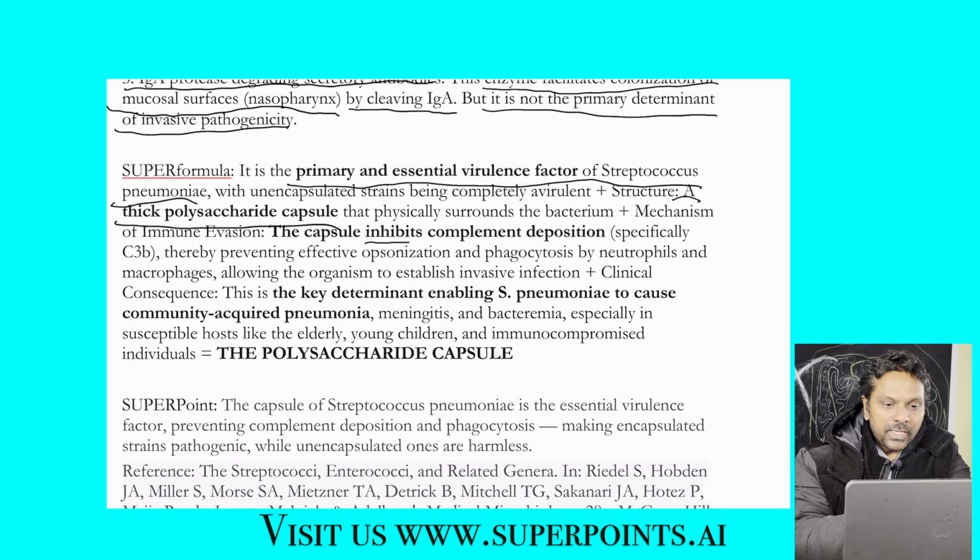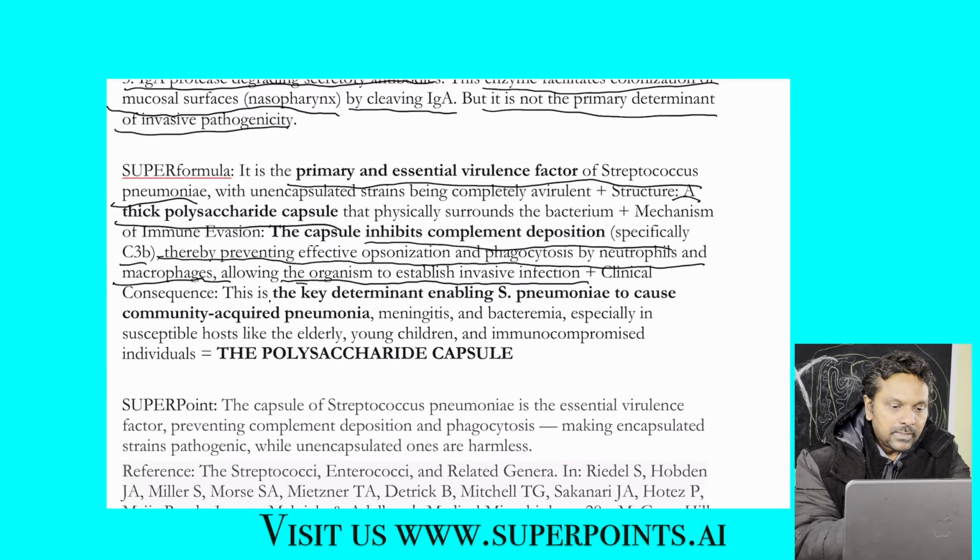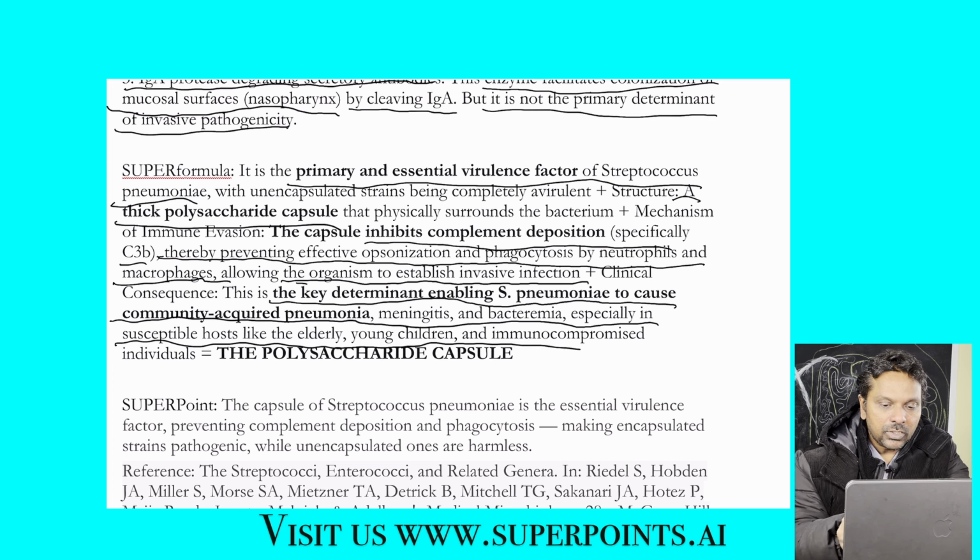A capsule inhibits complement deposition, specifically C3b, thereby preventing effective opsonization and phagocytosis by neutrophils and macrophages, allowing the organism to establish invasive infection. Clinical consequence: this is the key determinant enabling Streptococcus pneumoniae to cause community-acquired pneumonia, meningitis, and bacteremia, especially in susceptible hosts like the elderly, young children, and immunocompromised individuals.